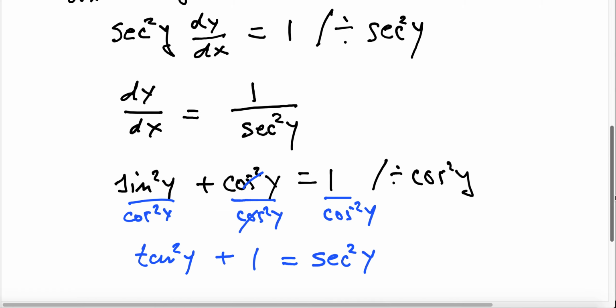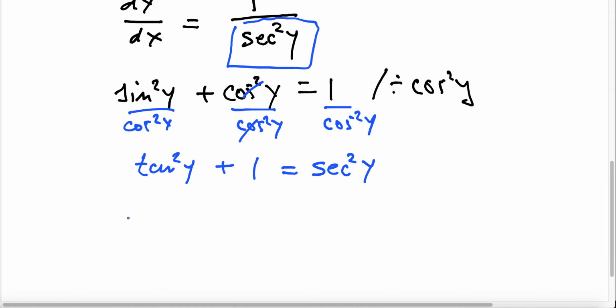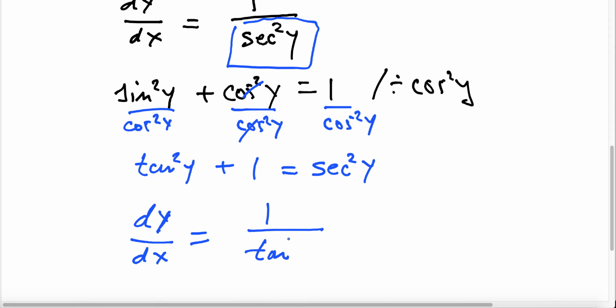And what do we do now here? Instead of this secant squared y, we are going to substitute with tangent squared y plus 1. So what do we have here? dy over dx, the derivative with respect to x, is equal to 1 over tangent squared y plus 1.